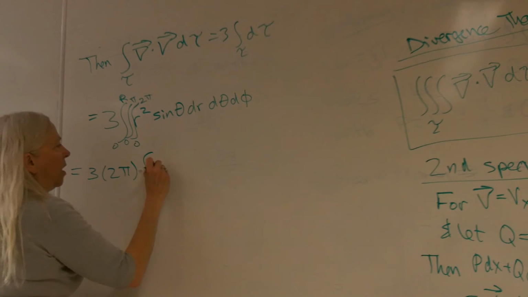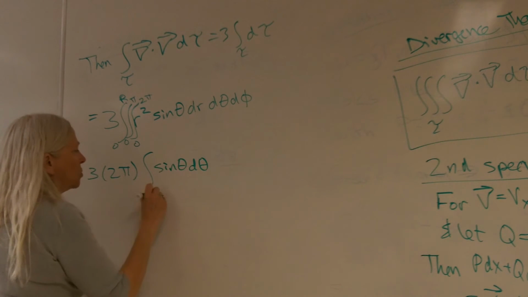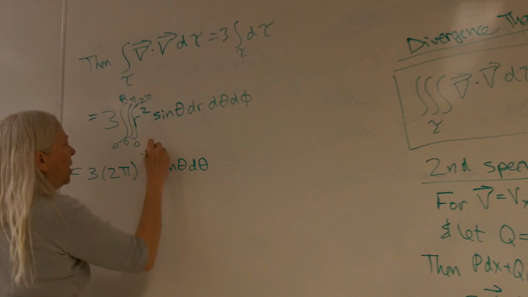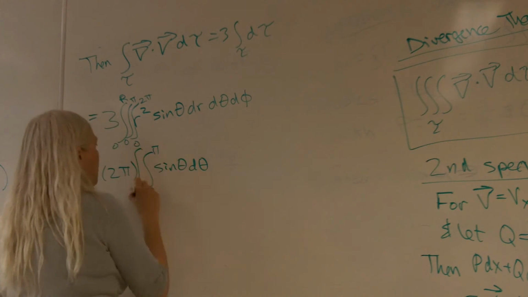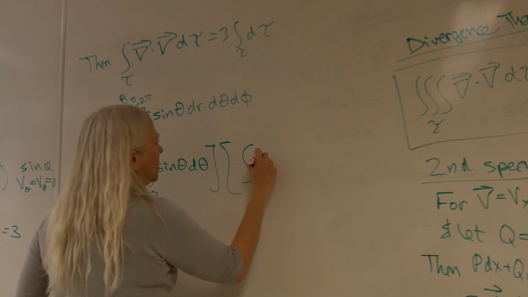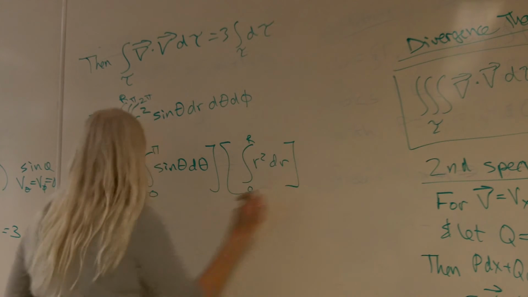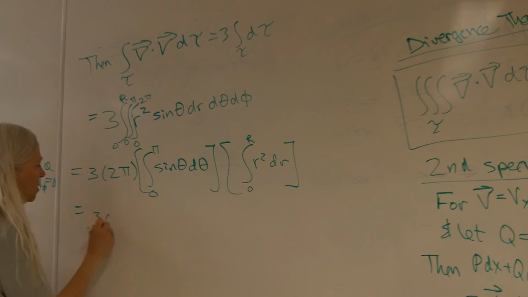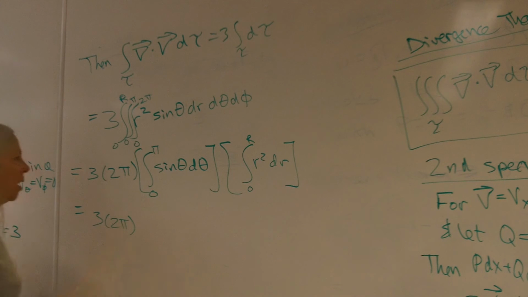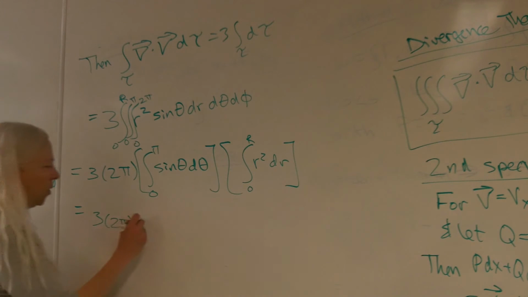We have the integral of sine theta d theta. That one goes from 0 to pi. And we have the integral of r squared dr. That one goes from 0 to capital R. Well, I'll let you double check this one, right? The integral of sine theta is minus cosine theta evaluated at the endpoints.